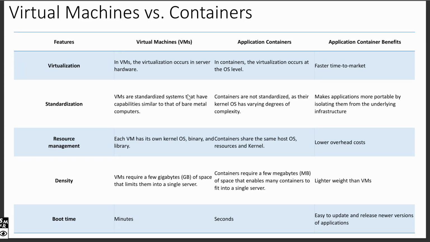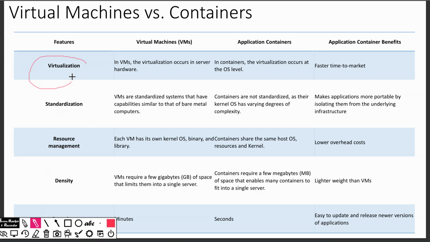I have made some comparison chart here regarding virtualization. In VMs, the virtualization in servers is hardware, meaning in a virtual machine we are going to virtualize the hardware, but coming to containers we are going to do the virtualization at the OS level. Standardization: VMs are standardized systems that are capable of behaving similar to a bare metal computer.